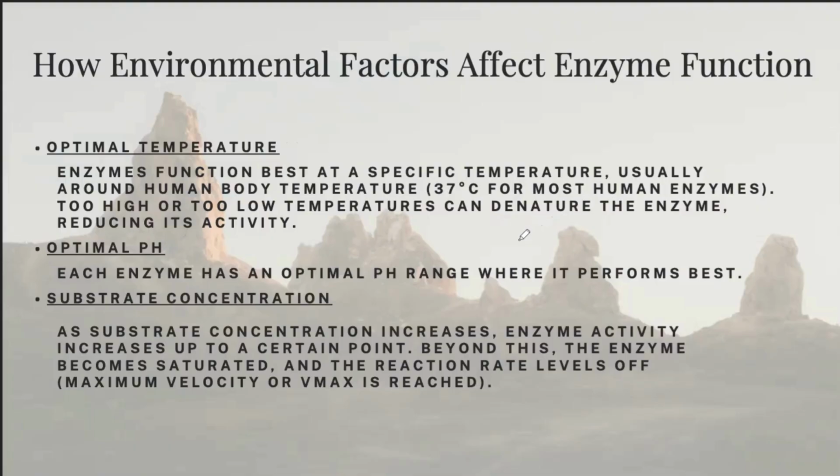And we also have something called substrate concentration, which we touched upon in section 3.1. Sometimes you could have a reaction that's supersaturated, or that the maximum velocity can be reached, which we're going to talk about a little bit in this video as well. But for now, what you need to understand is there are three main environmental factors that influence enzymes, which include optimal temperature, optimal pH, and substrate concentration.